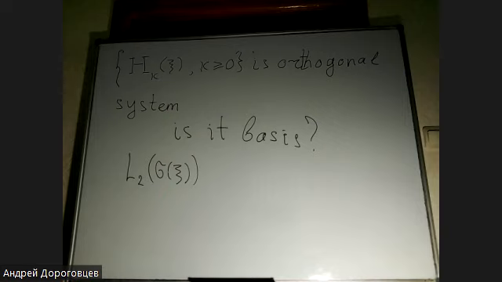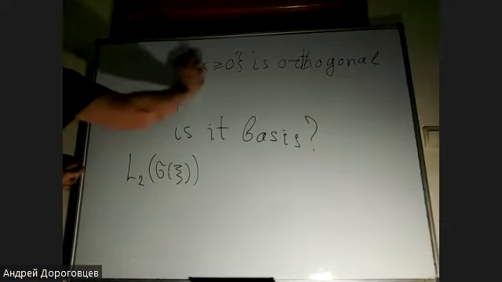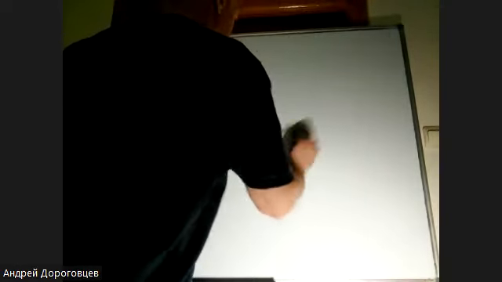And to answer this question, we have to do some investigation related to the density of polynomials with respect to the Gaussian measure. Let us check this statement. Now I am formulating a very important statement.